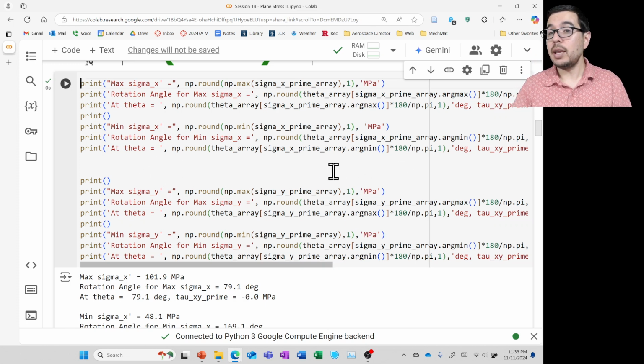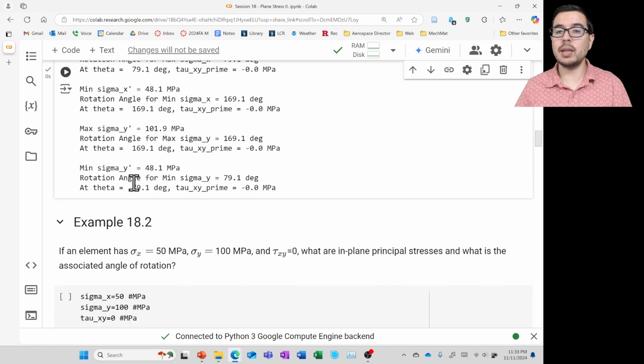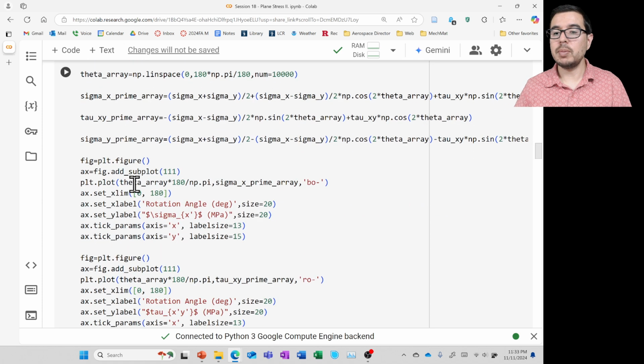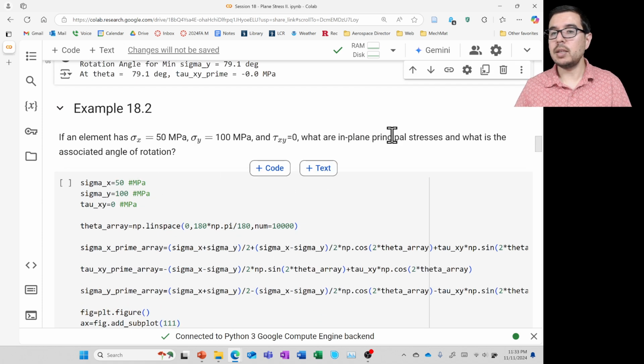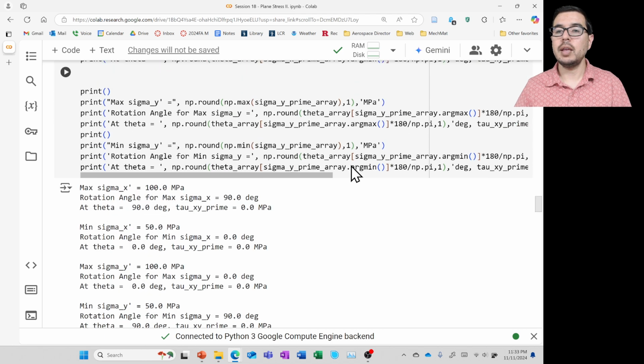Question 1 had us looking at principal stresses, and we were calculating max sigma x prime, max sigma y prime, and minimums of those. And then this next problem is for principal stresses, so let's keep going down.